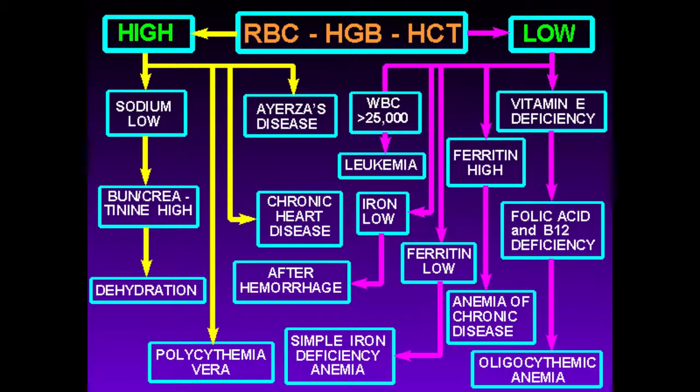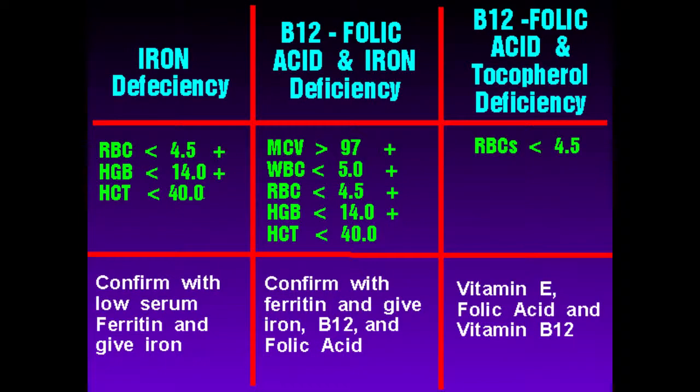And last, if the patient has experienced a recent massive loss of blood, certainly the red blood count, hemoglobin, and hematocrit will be decreased. Here is a useful table that demonstrates a detailed method of assessing iron deficiency, a need for vitamin B12 and folic acid, and a deficiency in vitamin B12, folic acid, and vitamin E.